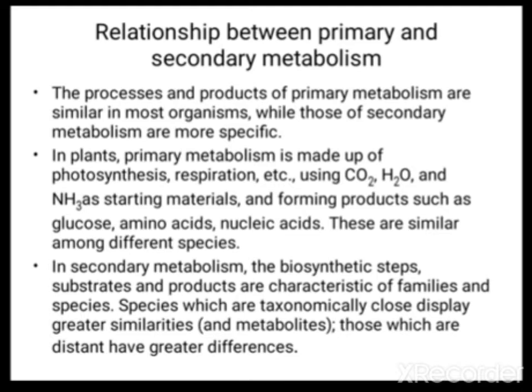In secondary metabolism, the biosynthetic steps, substrates, and products are characteristic of families and species. They are very specific to the species. Species which are taxonomically close display greater similarities, and those which are distant have greater differences. It means species may have the same type of secondary metabolites, but a number of factors may affect the chemical nature of the secondary metabolites.